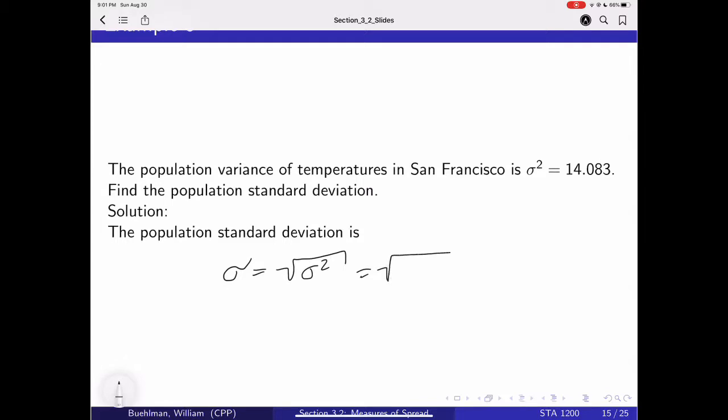So if we take the square root of 14.083, we get the answer 3.753. So our standard deviation here is 3.753. I didn't give you units in the other one, so that's why there are no units here. But typically your examples would have units, and this would have an answer with units.